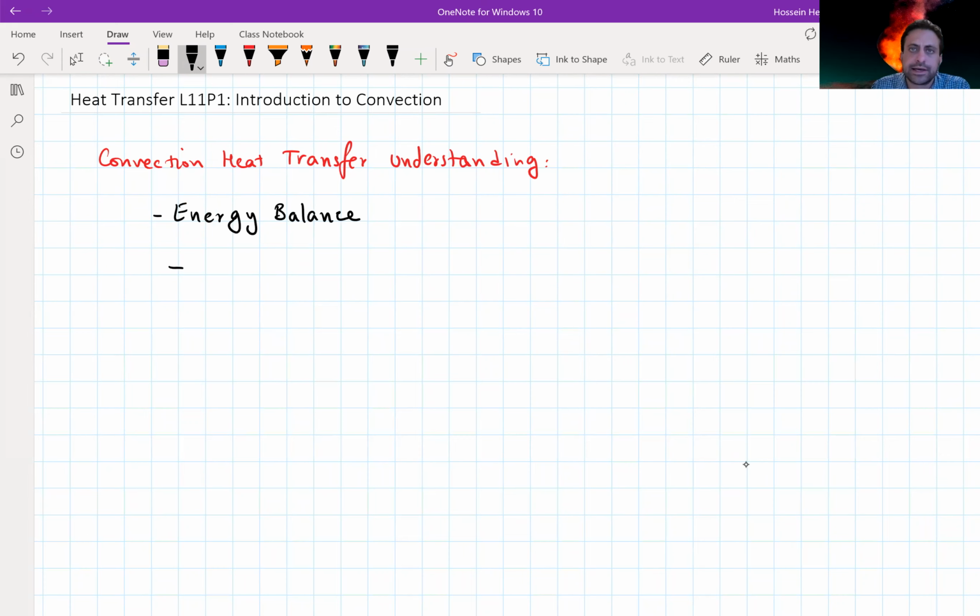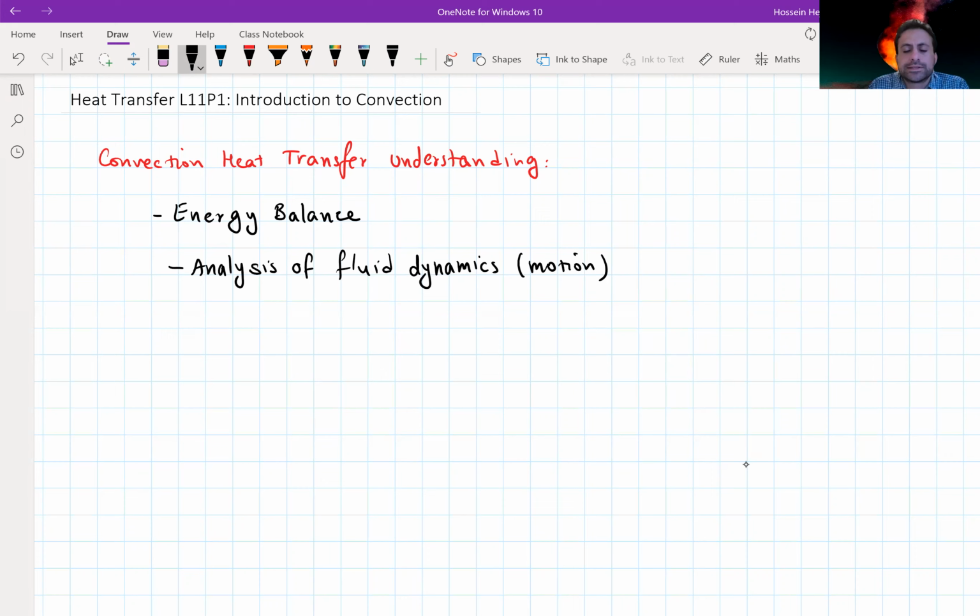It requires energy balance and analysis of fluid dynamics, or fluid motion.